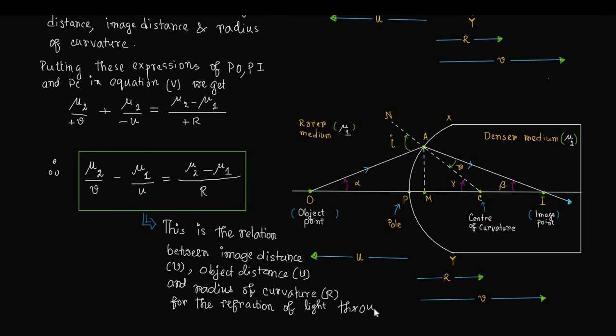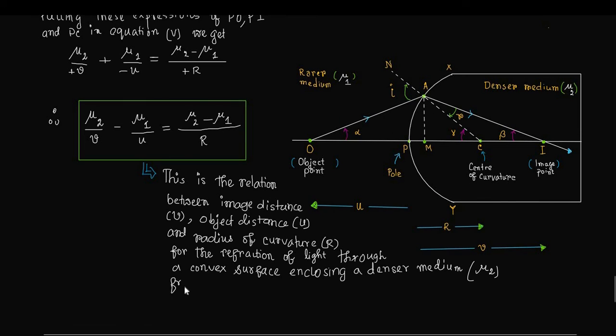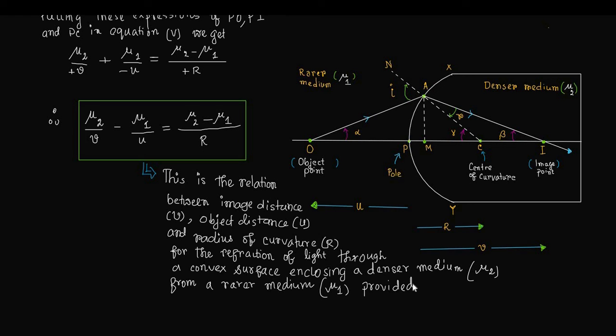From an object point O existing in the rarer medium through a spherical convex surface enclosing a denser medium of absolute refractive index mu2 from a rarer medium of absolute refractive index mu1, provided the object point O exists in the rarer medium.